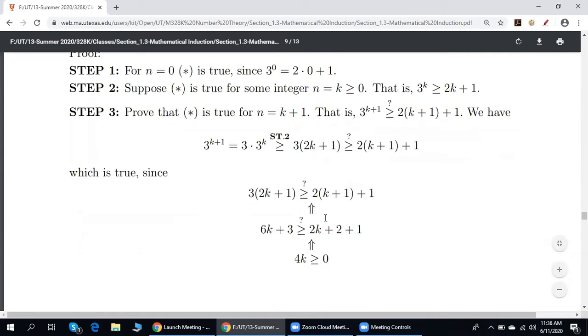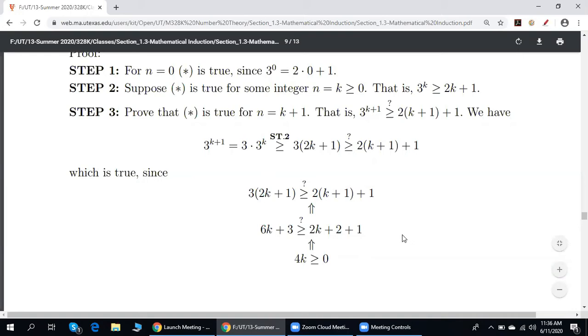We expand parentheses. 2k times 3 is 6k. 1 times 3 is 3. We expand parentheses here. 2k, it's over here, plus 2 times 1, 2. And then plus 1.